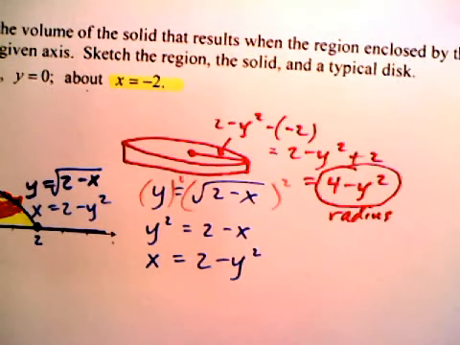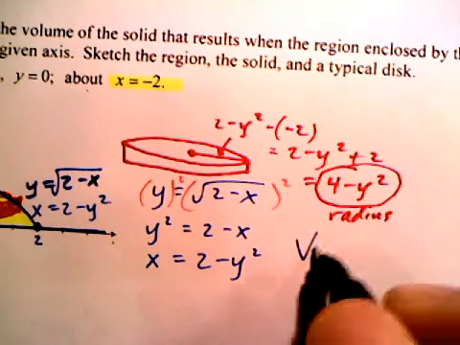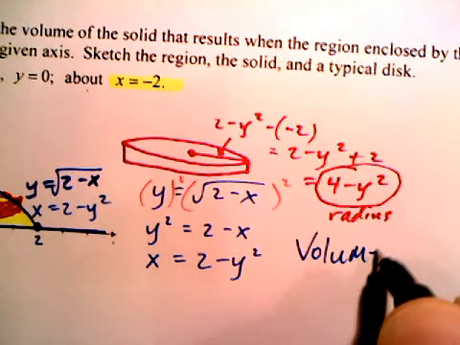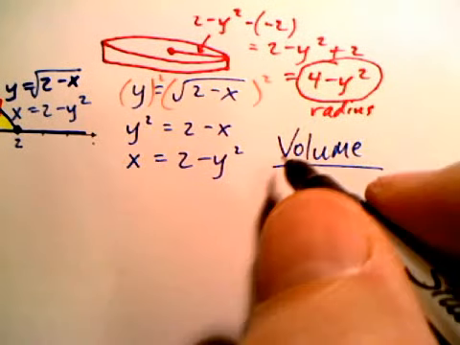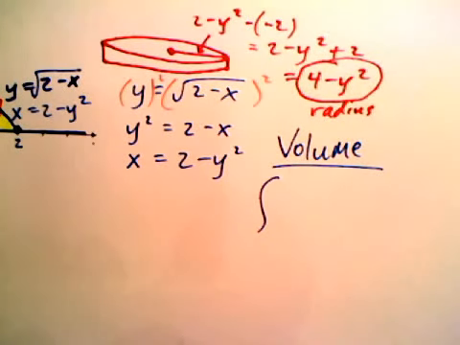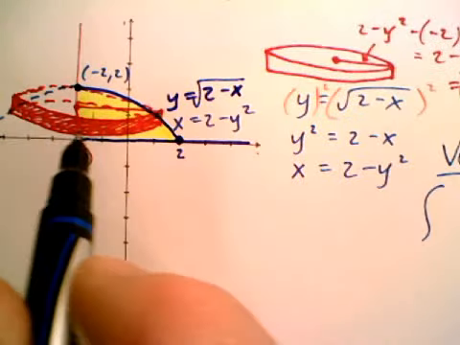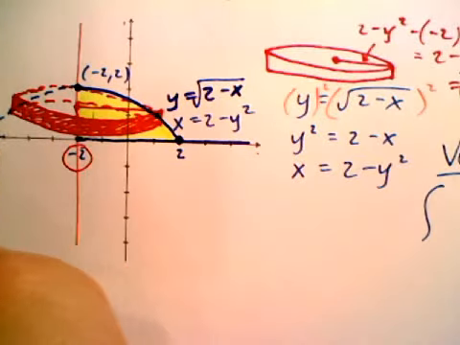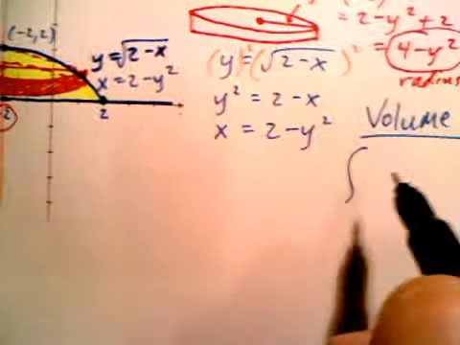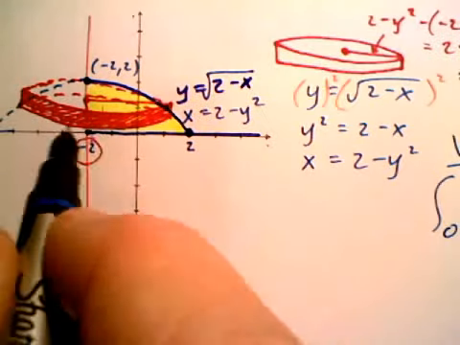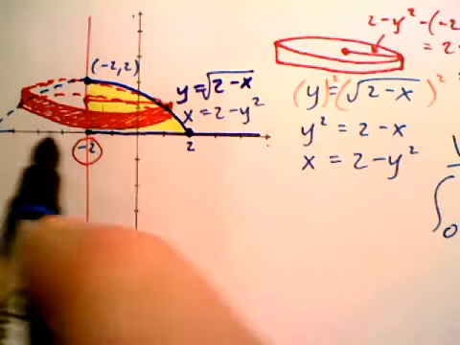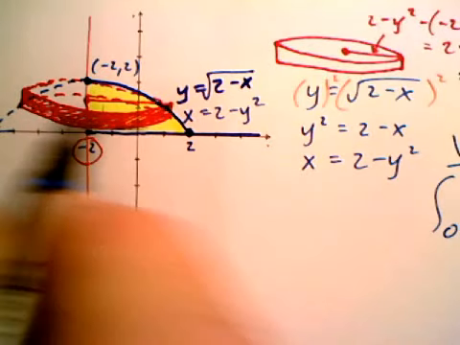Okay, so we know how to do this from here on out, right? We find the volume. To find the volume, we integrate, and don't forget, we're integrating with respect to y, and we're taking the bottommost disk. The bottommost disk would start at y equals 0. They keep moving all the way up, and then where do they end?